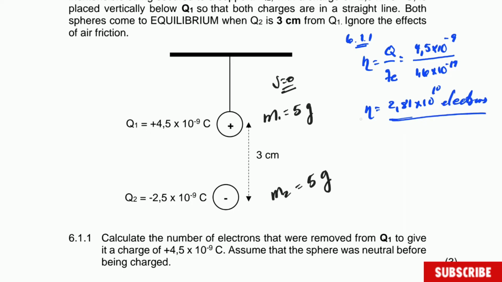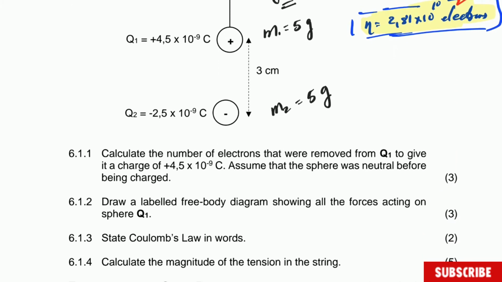This is a very good question, and it's not just a good question for the grade 11, but also for the grade 10s, because it is applicable for the grade 10 to calculate the number of electrons. That was quite simple, and that is 3 marks: 1 mark for the formula, 1 for the substitution, and 1 for the final answer or calculation.